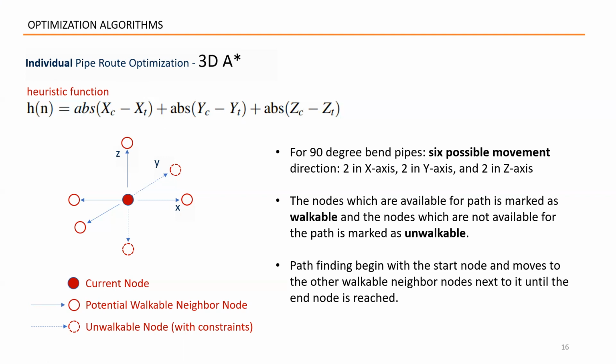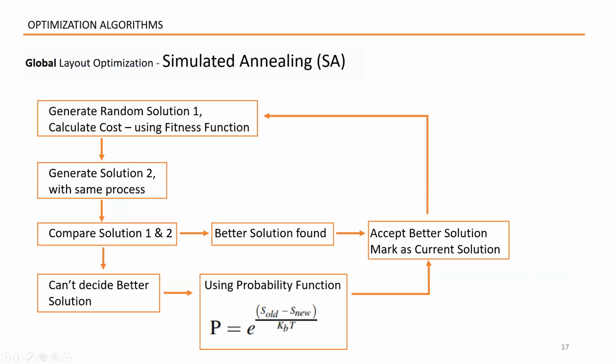The paper discussed another algorithm called fruit fly, FOA, for individual PEP layout, but I'm not gonna show it here in this presentation. Because finding an optimal individual PEP route does not guarantee an optimal multiple PEP system layout for the whole 3D PEP system.